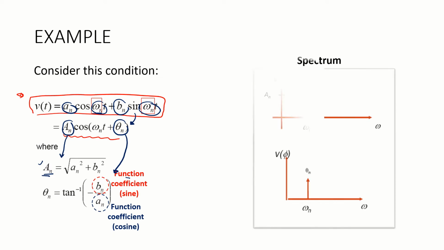After that, you can straight away plot the spectrum: this is the amplitude or magnitude, and this is the phase spectrum. I hope you're clear up until here.